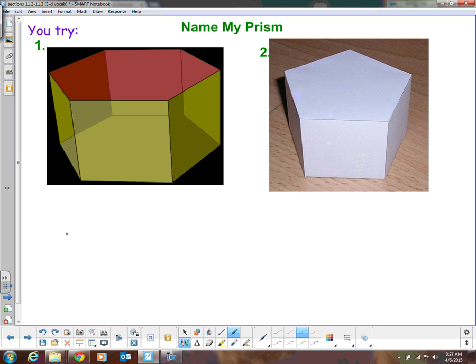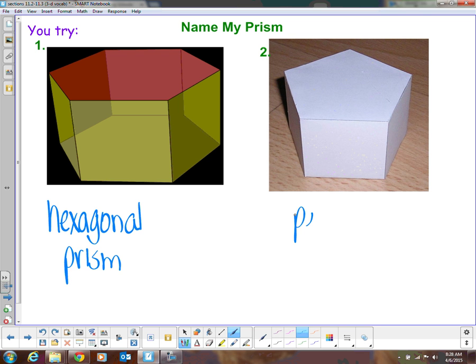Okay, this one is a hexagon. This is hard to see. It's the colors. That's a hexagonal prism. What is this one? Pentagonal, because the bases are a pentagon. So, are those words from Unit 7 important? Yeah. Those words are important from Unit 7.